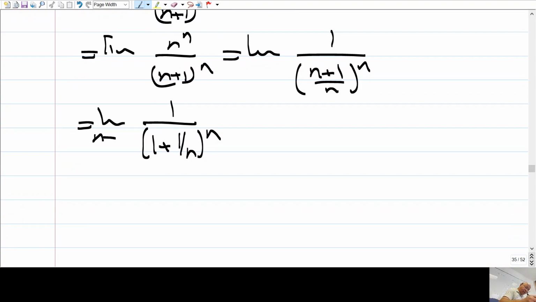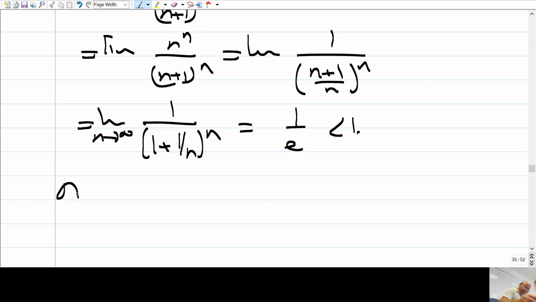This is the limit of 1 over (1 + 1/n) to the power n. As n goes to infinity, this is just 1 over e, because the limit of this is e. e is like 2.7 something. So this is less than 1.